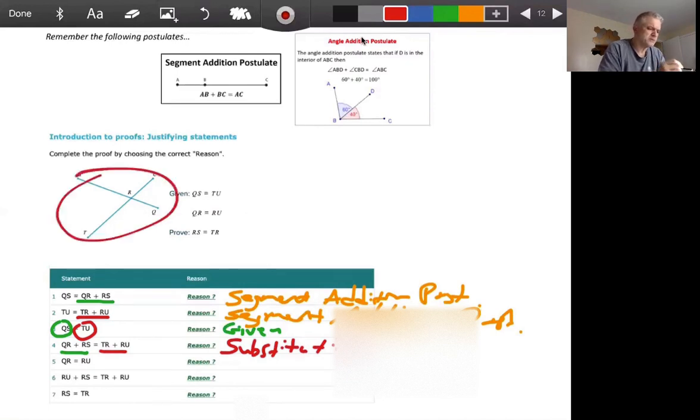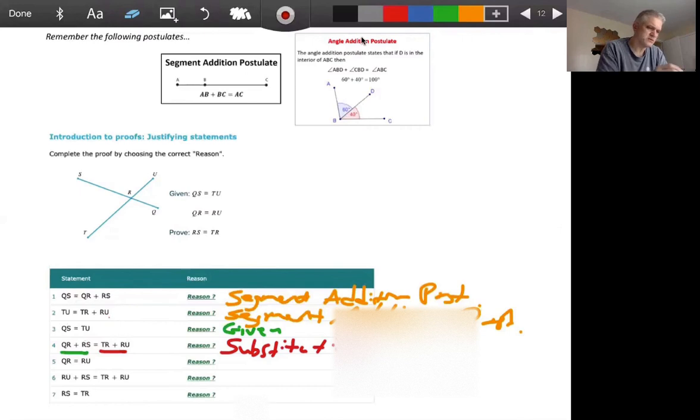See, with the picture up here, they didn't give us that TU is equal to SQ. They didn't give that to us, right? But here they did. So we're not getting this from the picture. We're actually getting this straight from what we have written down in 1, 2, and 3. Okay, so substitution. We substituted what QS is equal to with what TU is equal to.